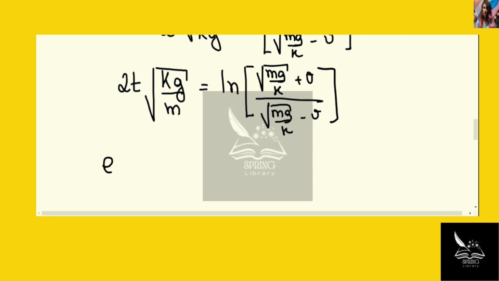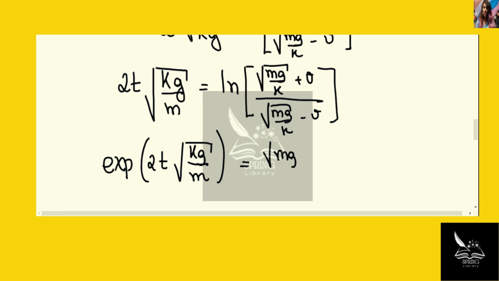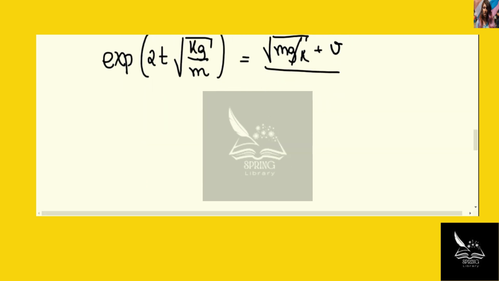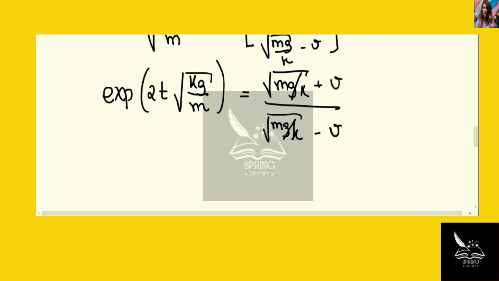So we have the exponential of 2t times the square root of kg over m is equal to the square root of mg over k plus v divided by the square root of mg over k minus v. So you can multiply both sides by the square root of mg over k minus v.